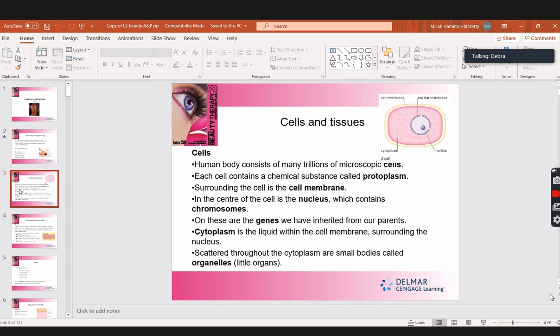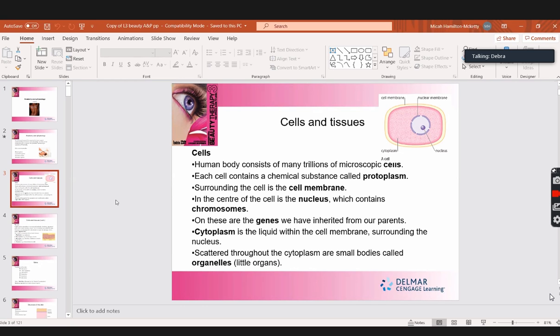In the center of the cell is the nucleus, which contains chromosomes. On these are the genes we inherited from our parents, from each parent. Cytoplasm is the liquid within the cell membrane surrounding the nucleus. And scattered through the cytoplasm are small bodies called organelles, or little organs.